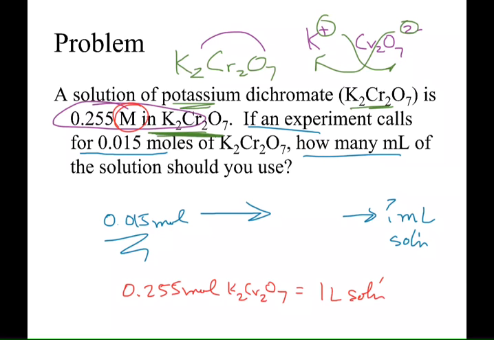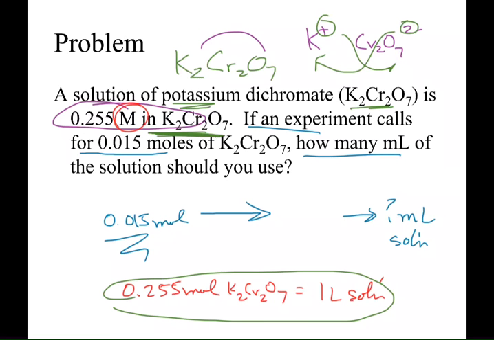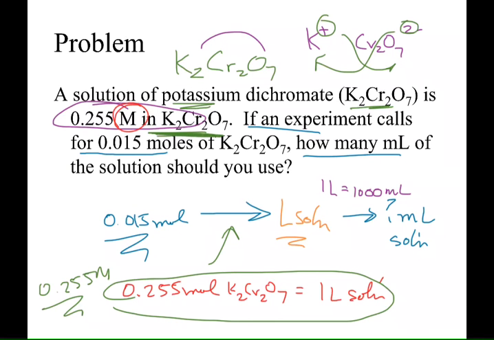So do you see how I can use this, which is the definition of 0.255 molar, to go from moles of solute to what? Liters of solution. Very good. And then how do I get from liters of solution to milliliters of solution? Yep. 1 liter is exactly equal to 1,000 milliliters. Exactly. Kind of got ahead of myself, but that's how we're going to work this problem.